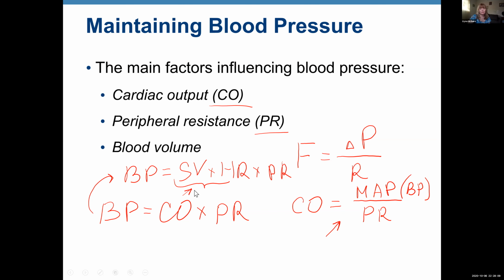And of course, you can see that blood volume affects stroke volume and cardiac output. So if you look at this formula, you can see that all these factors, stroke volume, heart rate, peripheral resistance, and blood volume, affect your blood pressure. So everything needs to be constant to maintain blood pressure within our desirable limits.